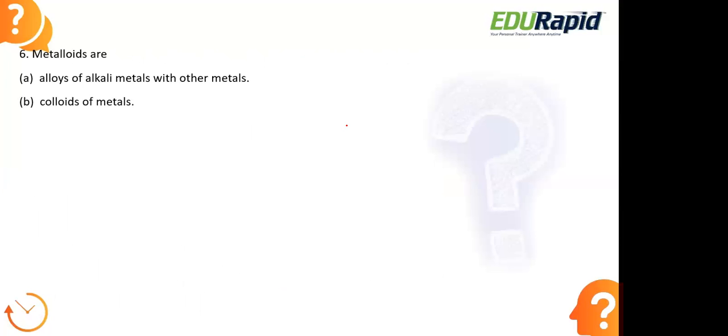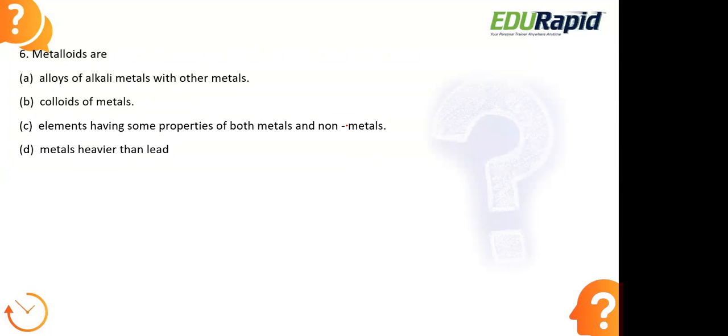Next question. Metalloids are: alloys of alkali metals with other metals, colloids of metals, elements having some property of both metals and non-metals, or metals heavier than lead.